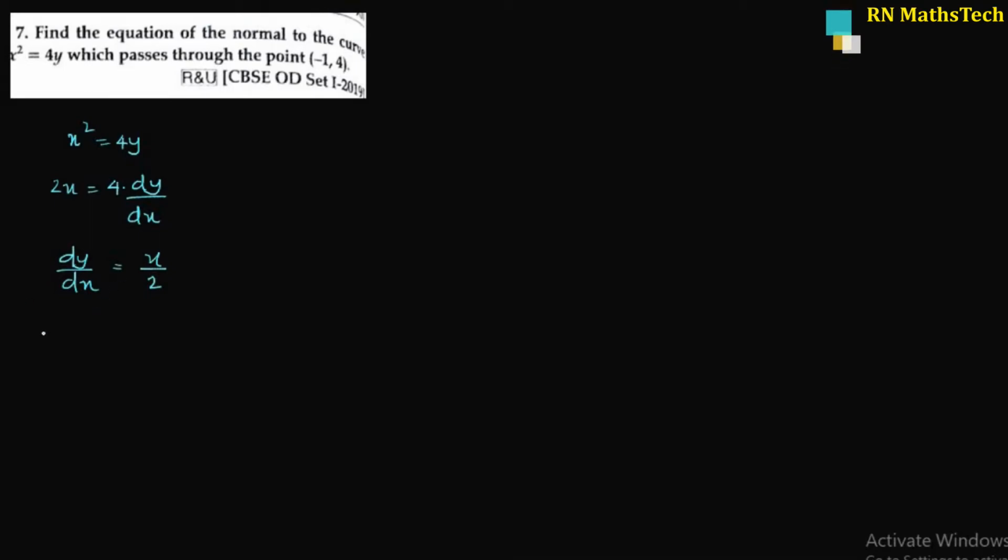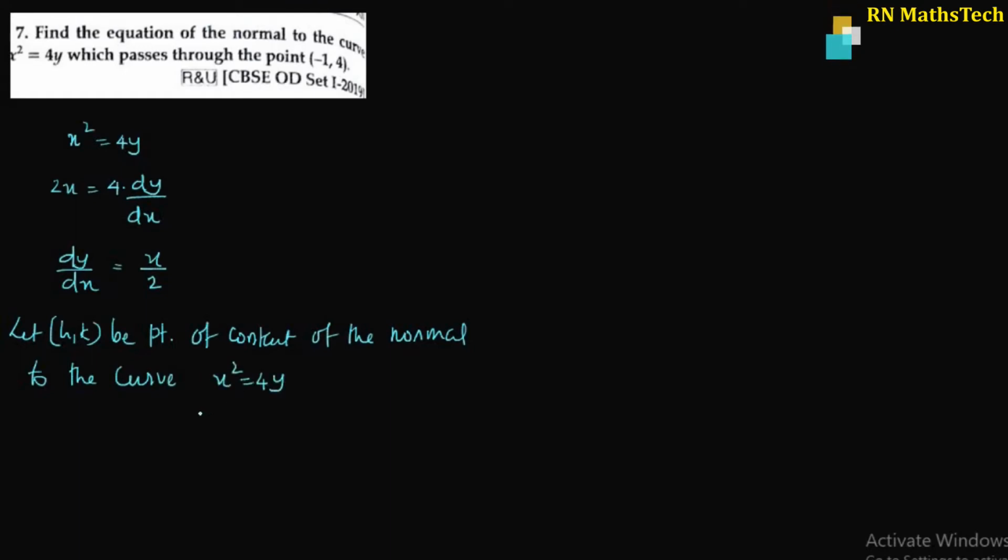Now let (h, k) be the point of contact of the normal to the curve x² = 4y. Now dy/dx at the point (h, k) is h/2, which is the slope of the tangent.